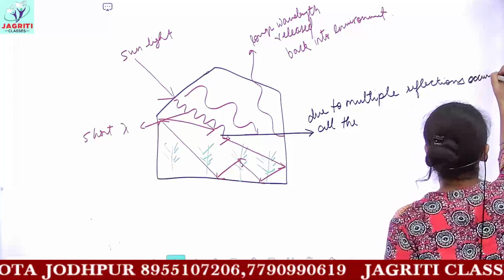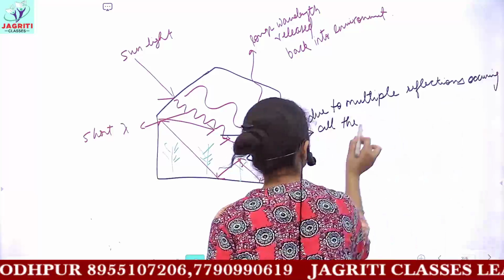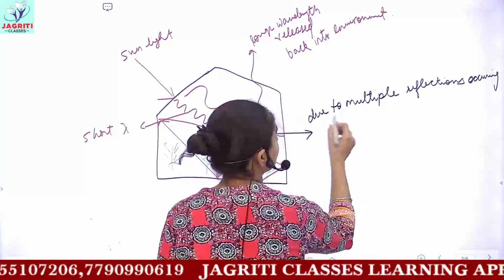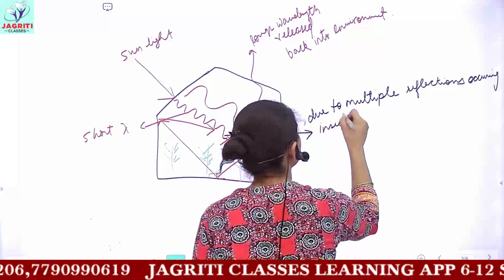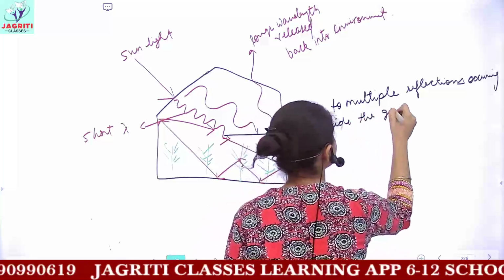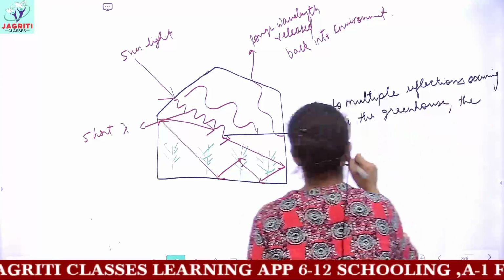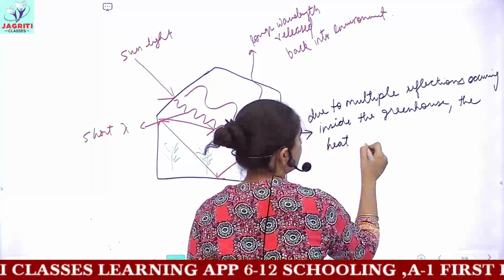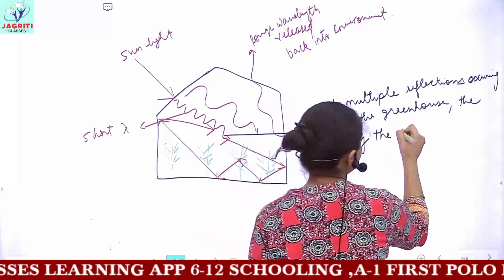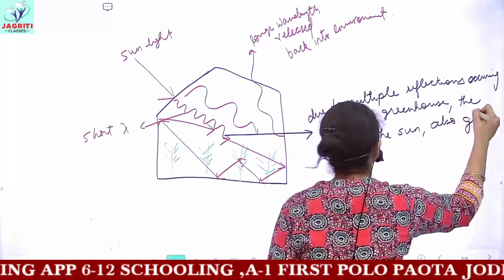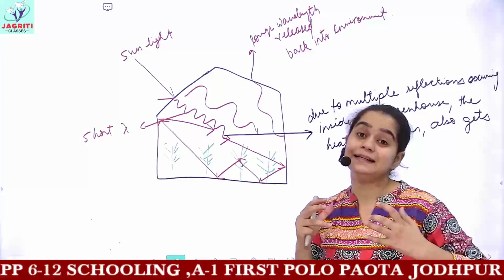due to the multiple reflections occurring inside the greenhouse, the heat of the sun also gets trapped, because all this light energy contains heat in it.